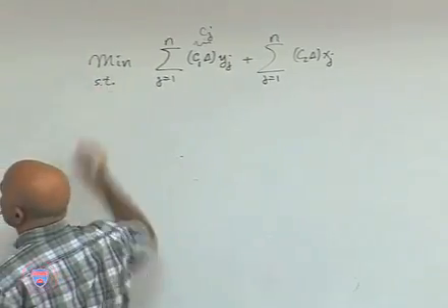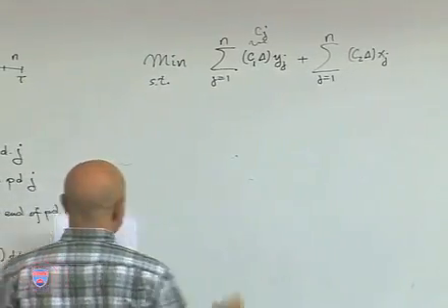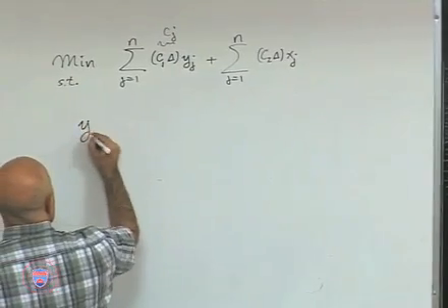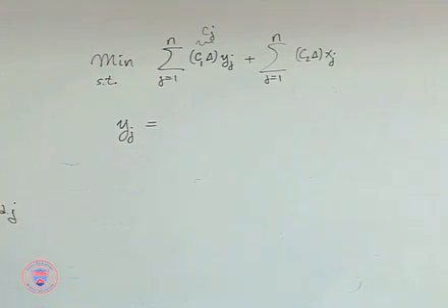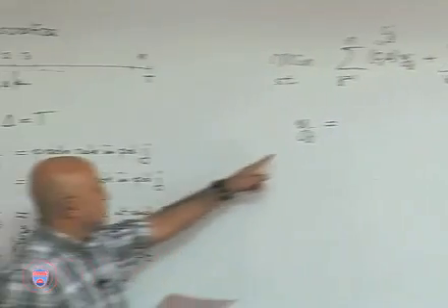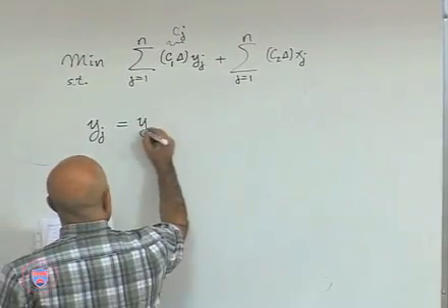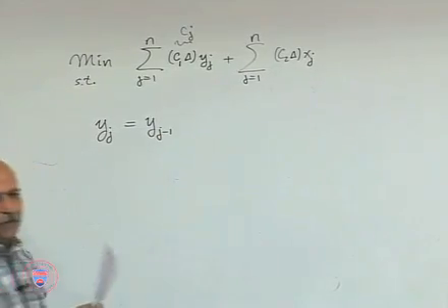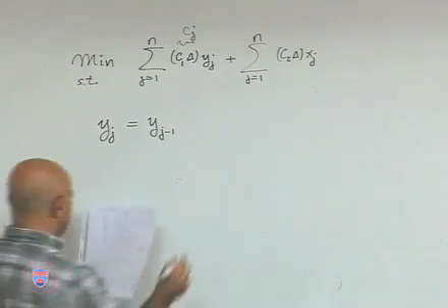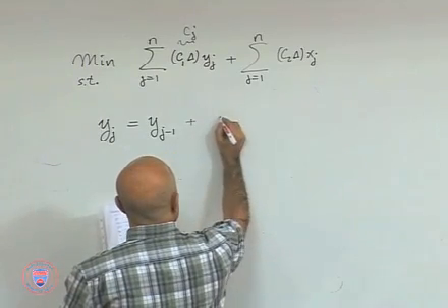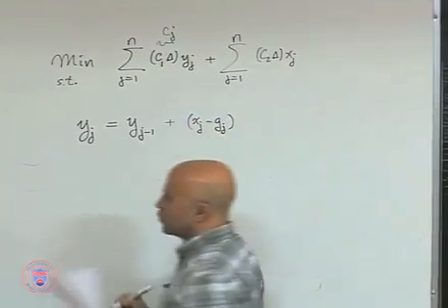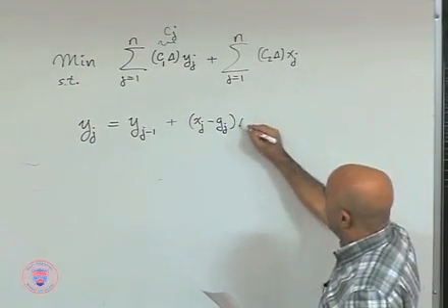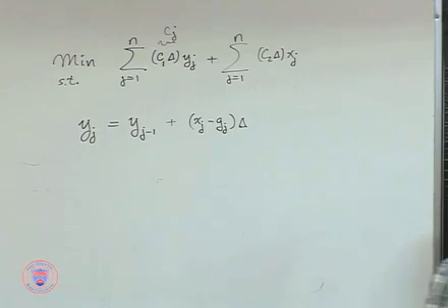Subject to, let's see, yj is the inventory at the end of period j. So at the end of period j, you have yj. That's going to be what you had at the beginning of that period, yj minus 1, plus what you produced, that's your xj, minus what you consumed, the average demand, of course, multiplied by delta. Okay?